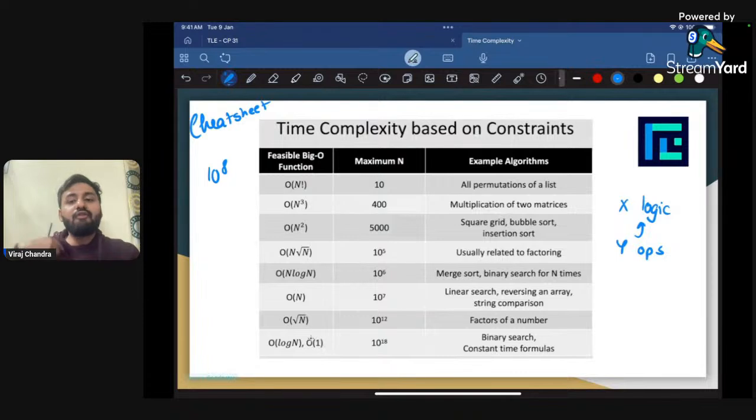But you could also, if required in the problem, explore a possibility: all the permutations of a list, this sort of calculation algorithm, requires n factorial. Now, because n is given as 10, maybe I can run a solution that runs in even 10 factorial order. 10 factorial is some value which is less than 10 power 8, by the way. I'm not sure of the exact value. You can Google that out, but it's less than 10 power 8.